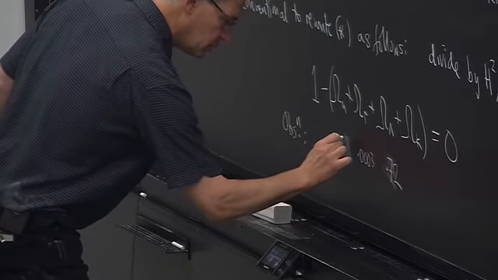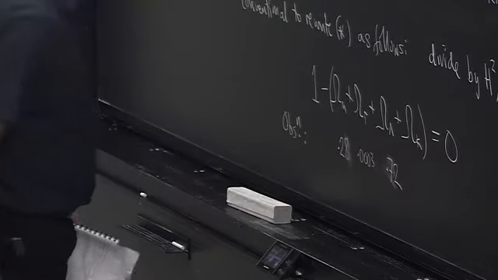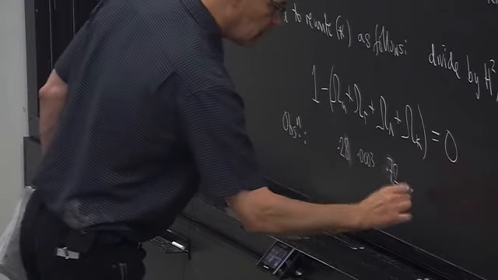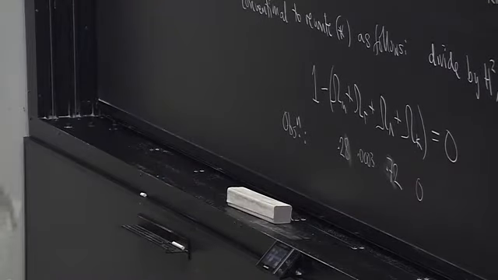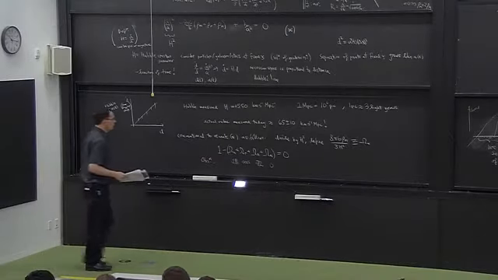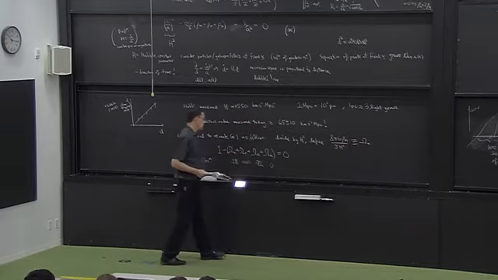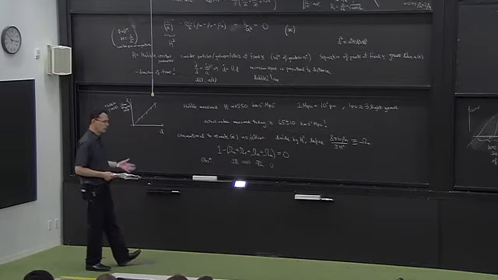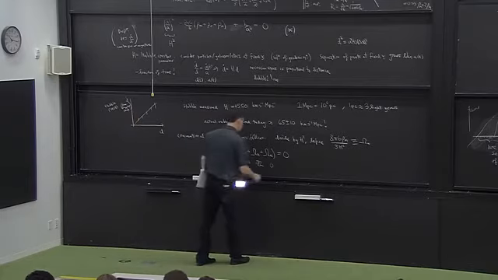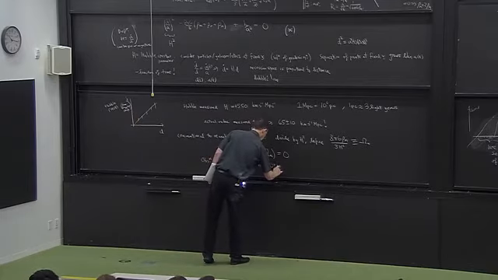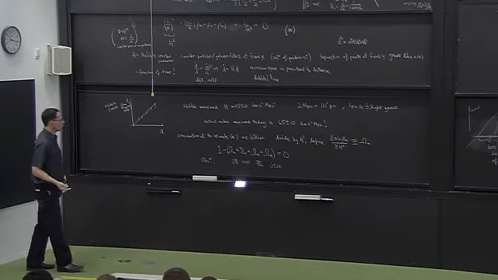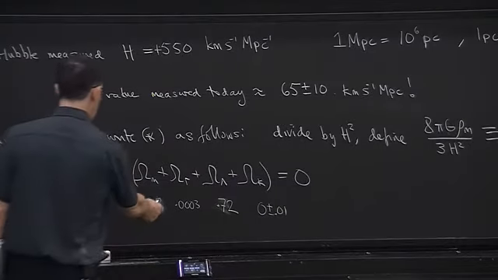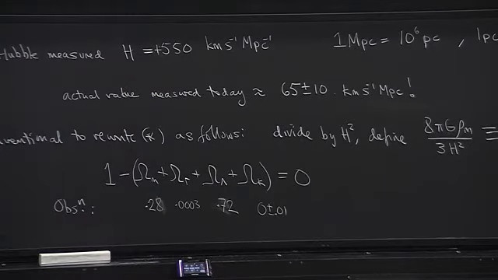This is 0.28. And omega curvature is consistent with 0. So observation indicates that k is 0 within 1% or so. And nearly 3/4 of the stuff in the universe is the dark energy. Just over 1/4 is in matter.